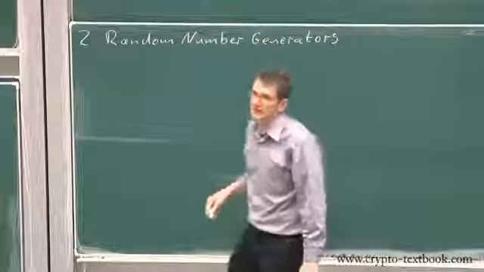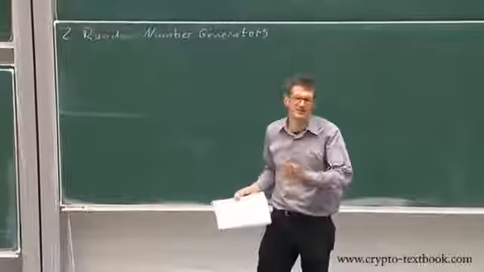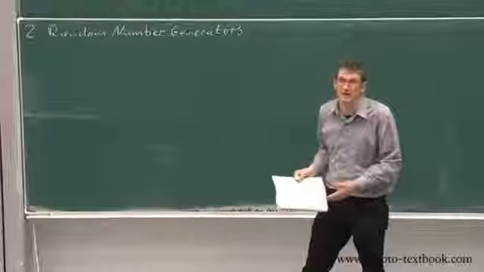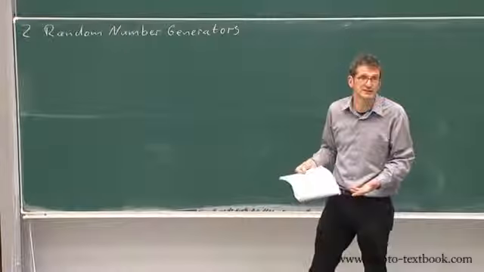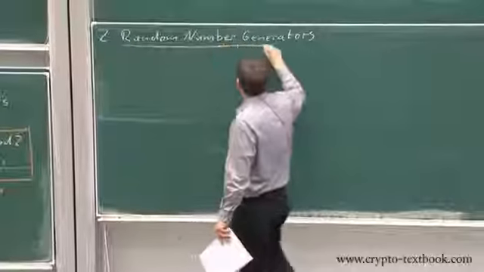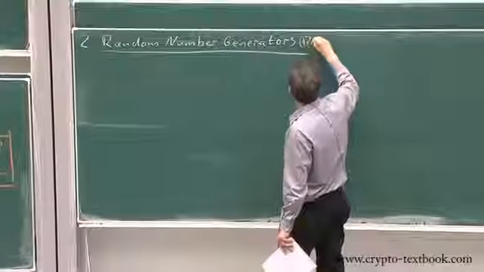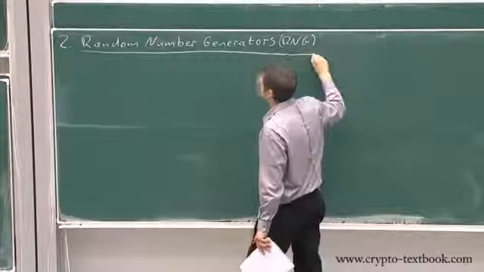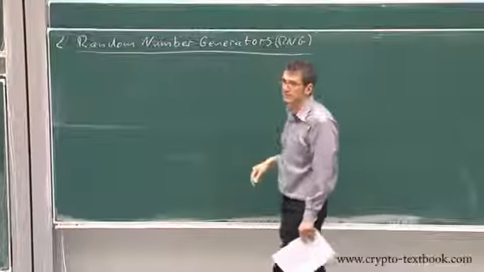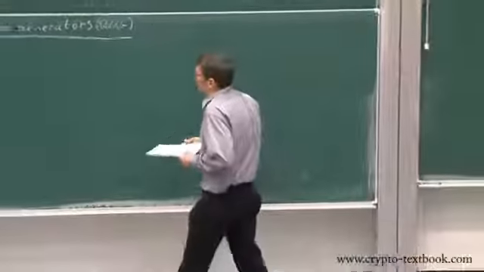And to be exact, we're not interested in random numbers per se. I guess we are, but from a functional point of view, we're interested in random number generators, how to generate them, okay, how to make them. So that's why I call it random number generators. It's commonly abbreviated as RNGs, random number generators. Zufallszahlengenerator in German.